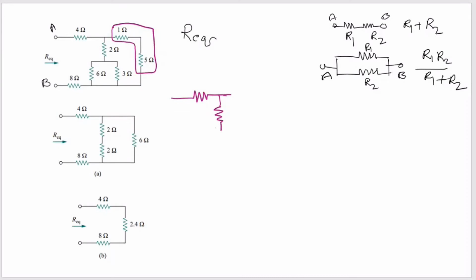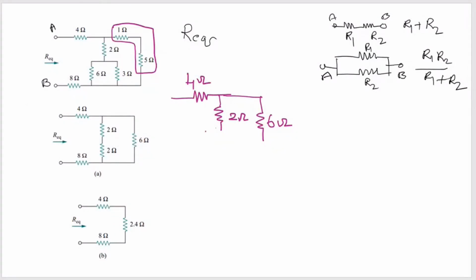So this is 6 ohms and this is your 4 ohms. Instead of writing 1 ohm and 5 ohms separately, I am adding these two because they are in series. This is your 2 ohms.